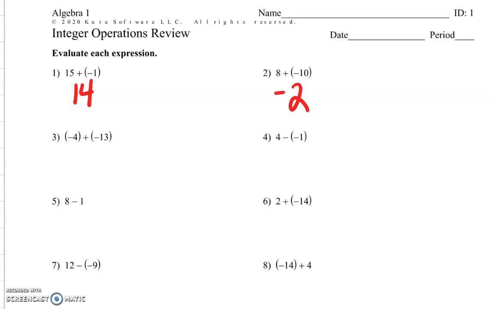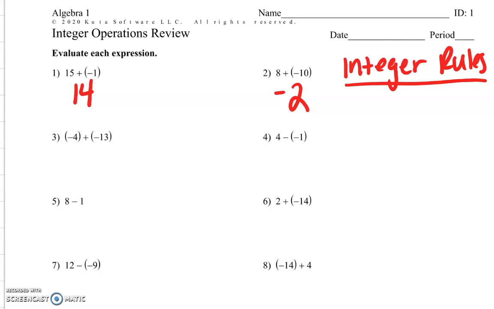So I want to real quick, I know I've mentioned them before, but I want to talk about some integer rules. And I really hope that you write these down. I'm not sure where the edge of my screen is, so I hope I'm not going to run off the edge. But integer rules. These are going to apply for any integer.